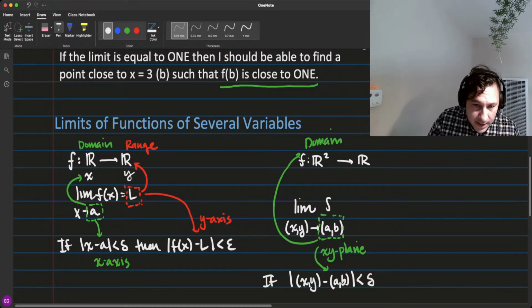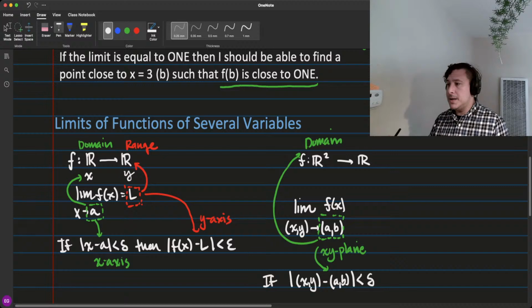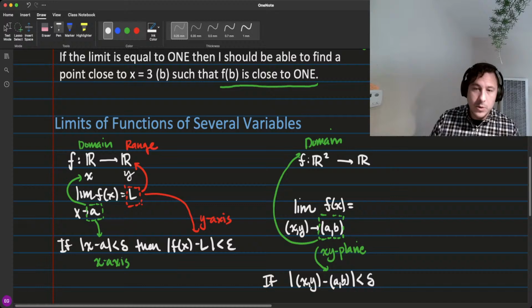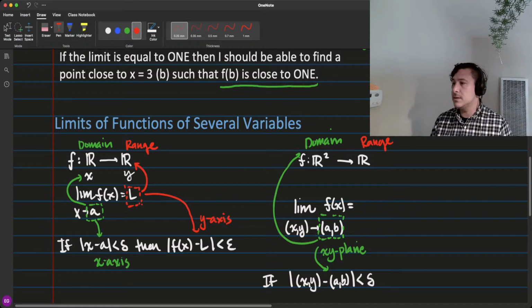So now you have the limit of f of x comma y as x comma y approaches a comma b is going to be equal to what? What is my range in this case? Is it equal to a point?